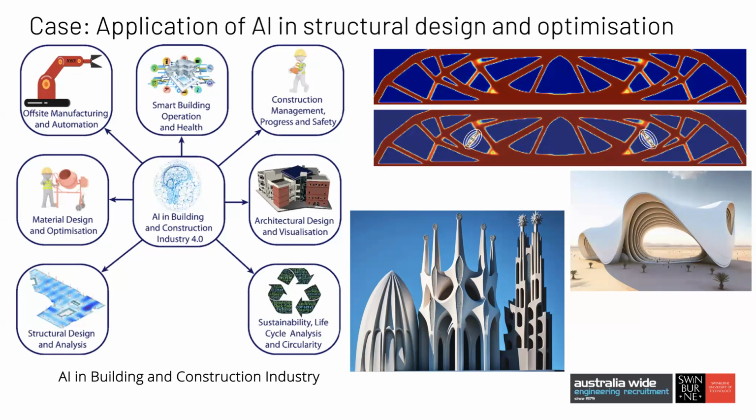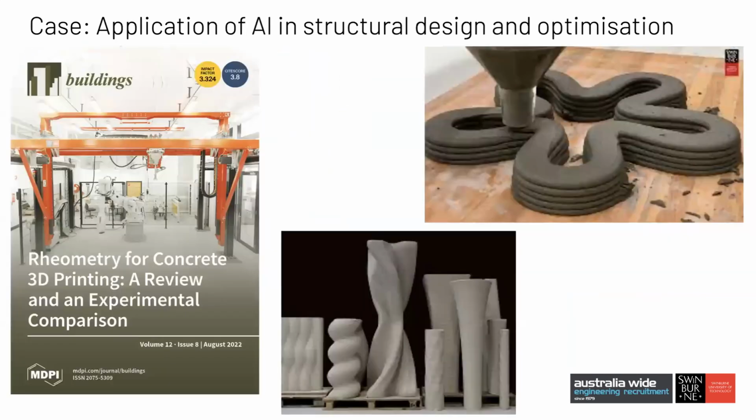And from the simulation to real world prototyping, we have our 3D concrete printing facilities in our Hawthorn campus, and we can print real life concrete structures almost 10 meters long and wide within our Hawthorn campus.